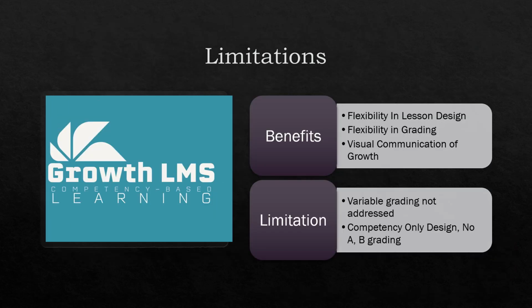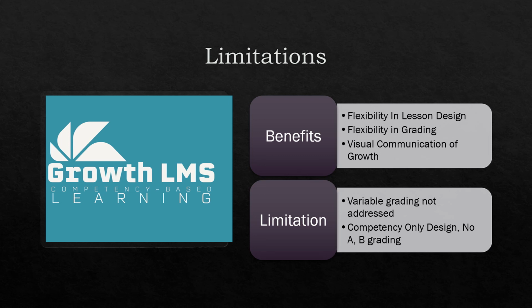All right, so with this design, we had a lot of benefits. The flexibility in design, really trying not to limit teachers via the technology, which has been a big problem, and a limitation that changes how they teach, what experiences they provide for their students, as well as that visual communication of growth to help students and parents better understand that achievement competency-based system.